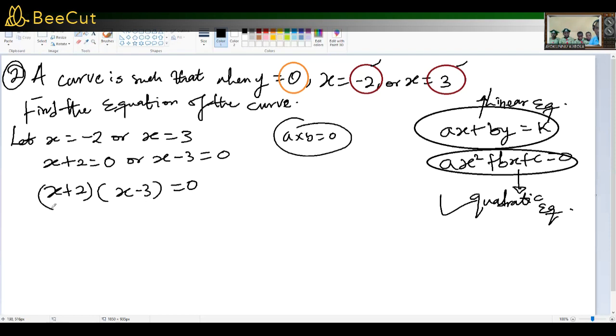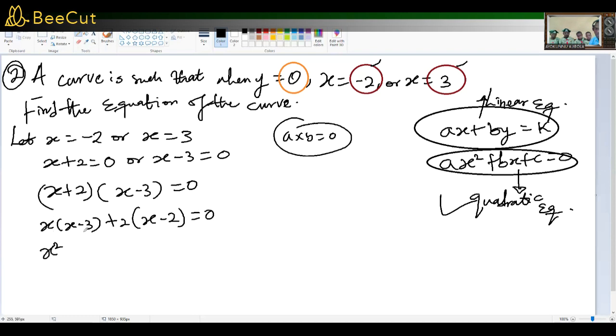So here now, what we have to do is just to expand. And how do you expand? You use the first alphabet here to multiply the two brackets, that is x into x minus 3. Then you use the other one, positive 2, to multiply the same bracket. So to expand, x times x is what?